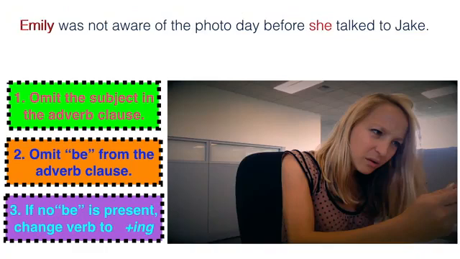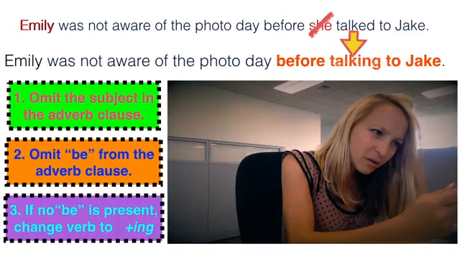So step 1, omit the subject. Step 2, omit be. But as you can see, there's no be verb. So let's move on to step 3. We're going to change the verb to an ing verb, a present participle. Now we've got ourselves a reduced adverb clause. Emily was not aware of the photo day before talking to Jake.